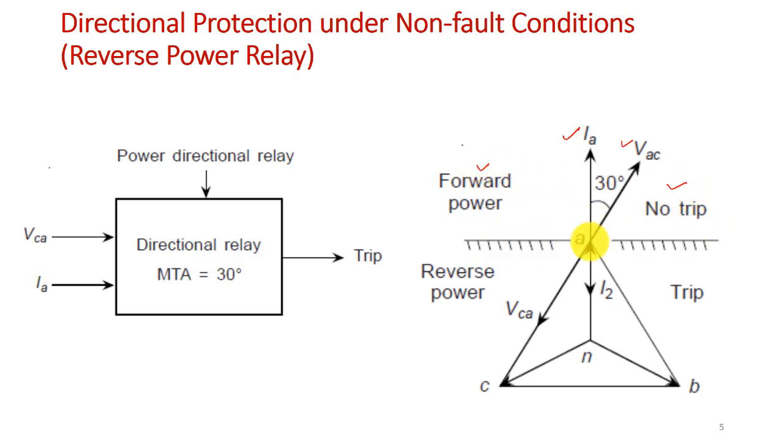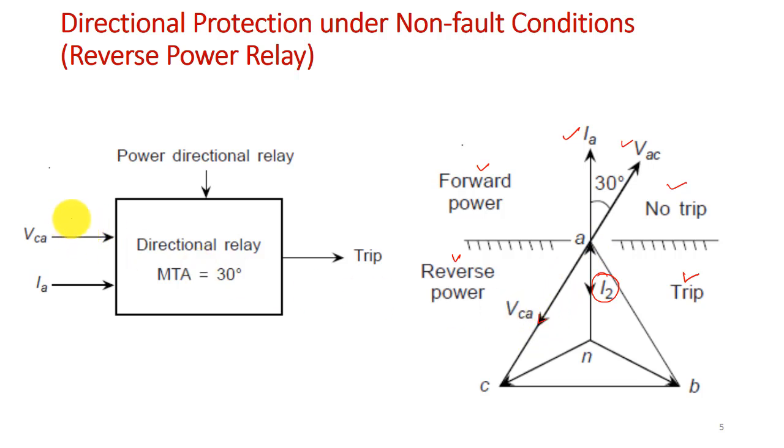Now, for reverse power flow, the current will flow in the opposite direction. Let us say I2 is the reverse current flowing in phase A. That will be in the opposite direction, and under this condition, your relay should trip. Let us see how it operates. If we plot the phasor diagram, this will be your VCA, already given, and VCA is fed to the pressure coil.